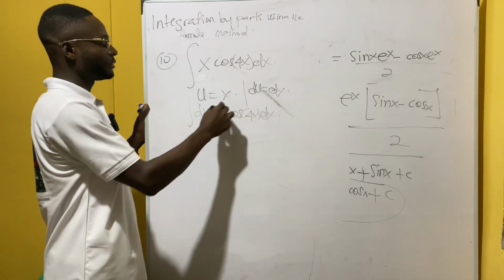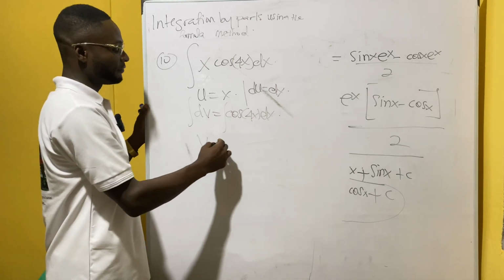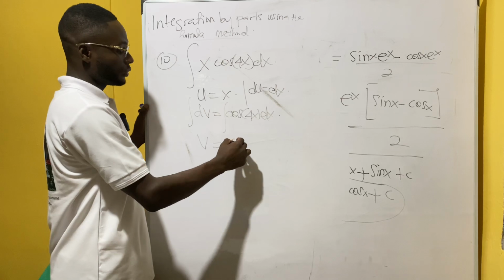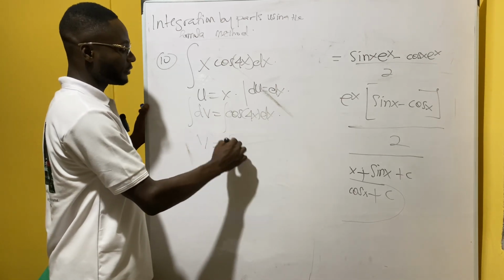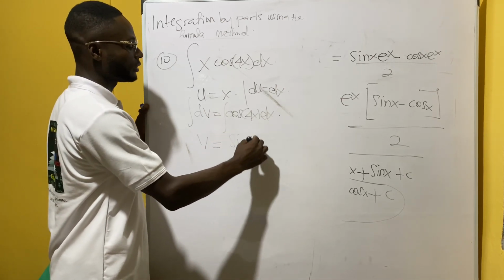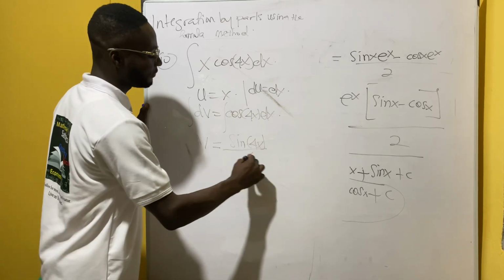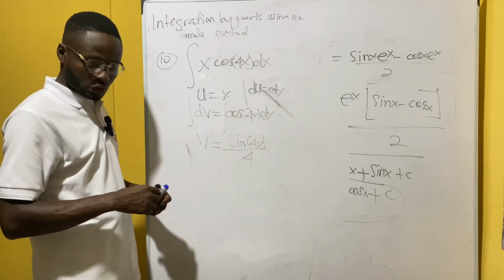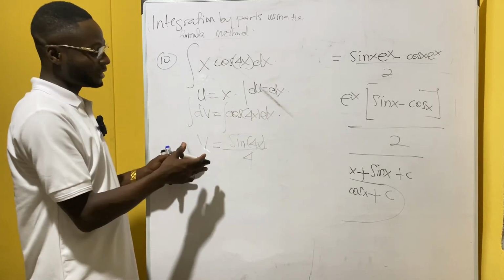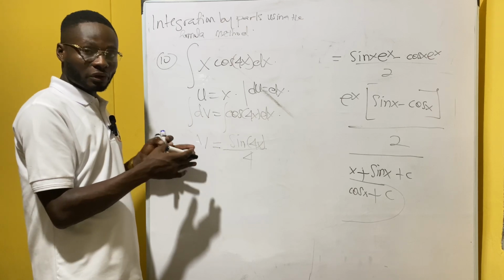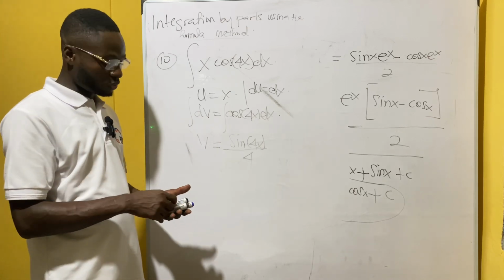So when we integrate both sides, we have v equals integral of cos 4x, which is sine 4x all on 4, right?